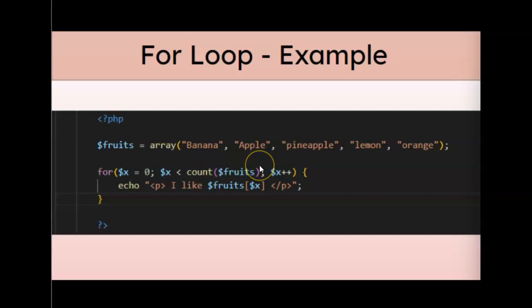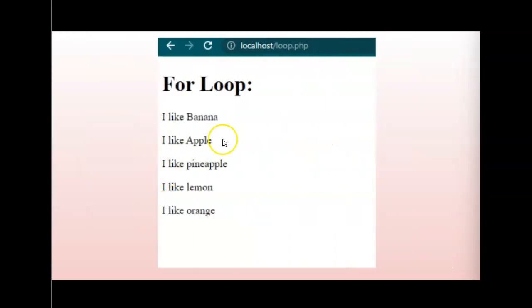So the counter will increase until the variable x is equal to or greater than the number of elements in the array, and it will print the elements of the array. So let's see how the example works.